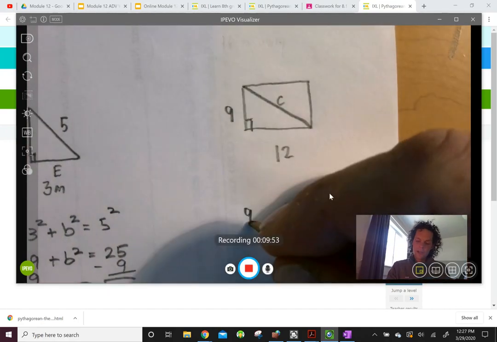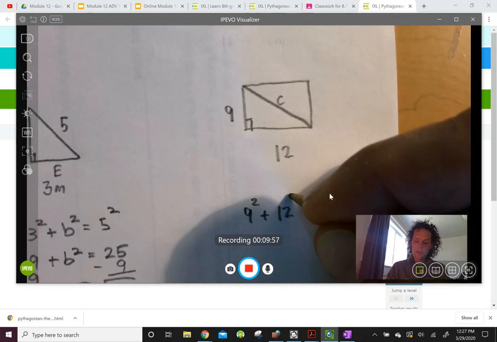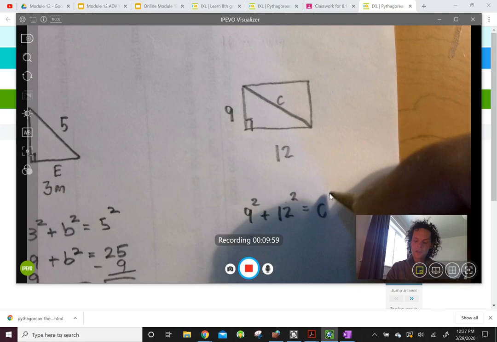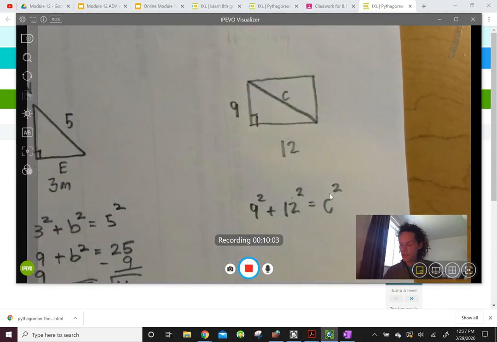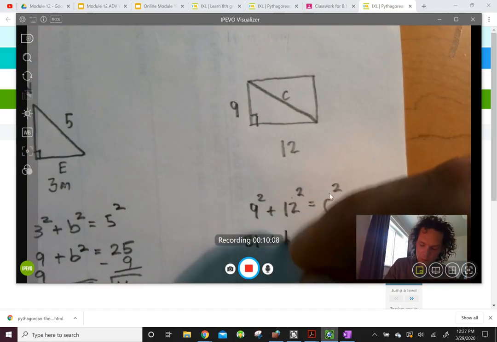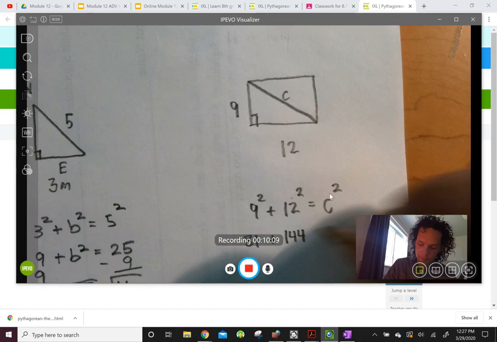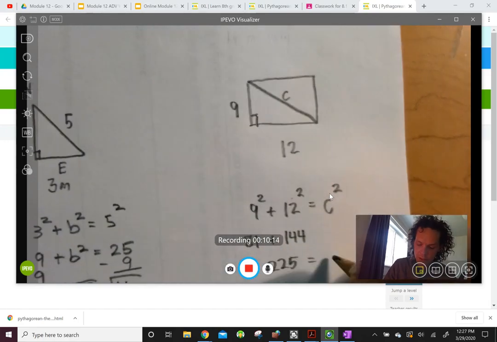And so I have 9 squared plus 12 squared equals C squared. Okay, if I do 9 squared, that's 81 plus 144 is 225, and I know that's a perfect square.